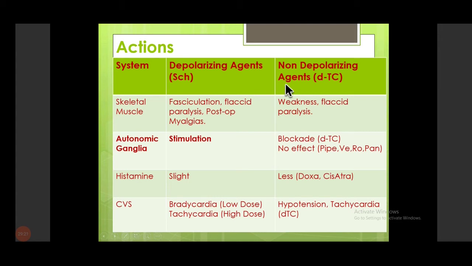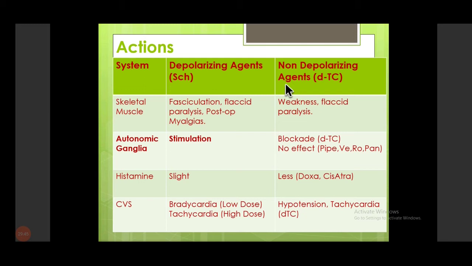Now, a brief about the actions of the various drugs, that is the depolarizing blockers and the non-depolarizing blockers. For depolarizing blockers, the prototype we have is succinylcholine. For non-depolarizing, the prototype we have is d-tubocurarine. So we will discuss various actions under these two headings.